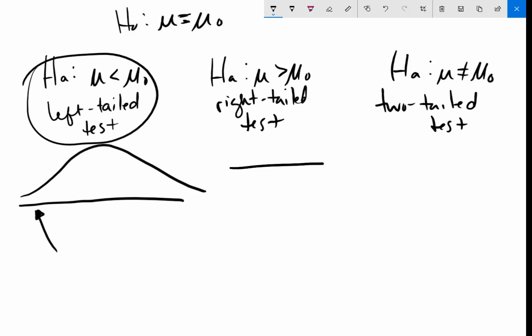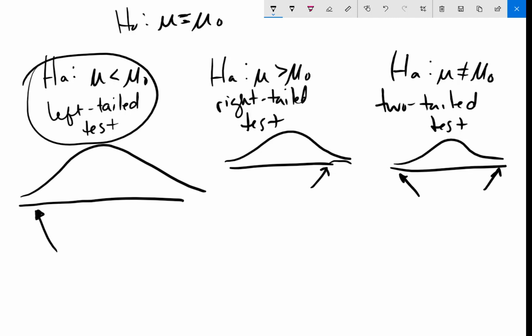For a right-tailed test, I'm looking to see if means are in the far right tail. And if it is, I could reject the null hypothesis in favor of the alternative. And for 2-tailed tests, since we don't know, our eyes would be either here or here. If I get a sample mean far into the right or far into the left, I would reject the null hypothesis.